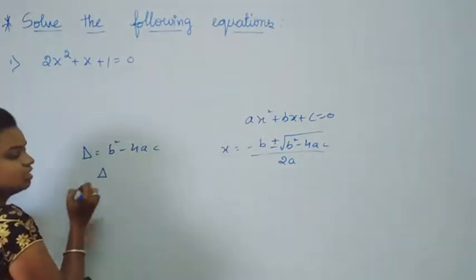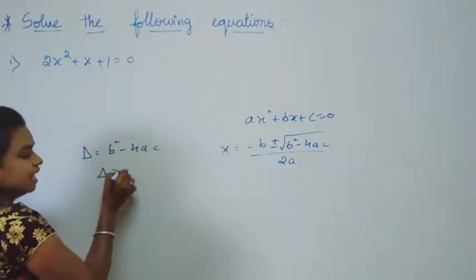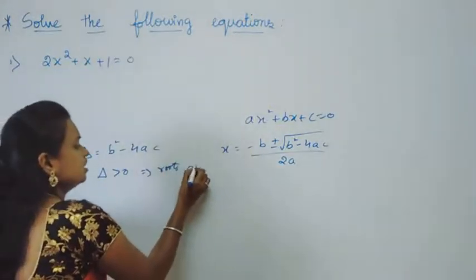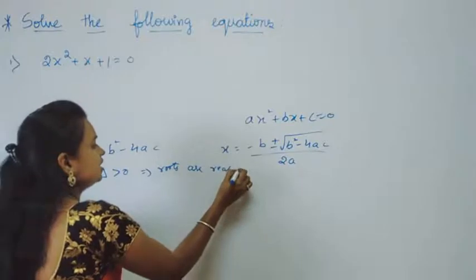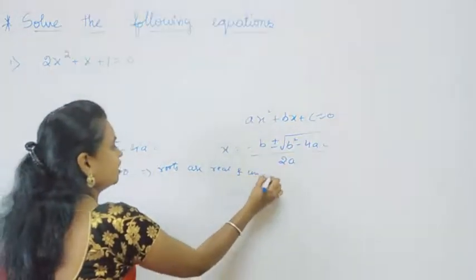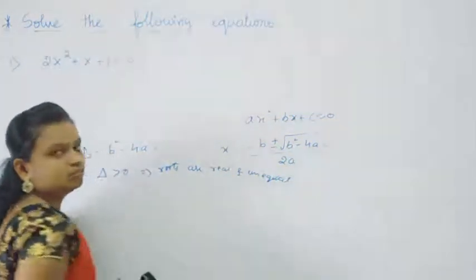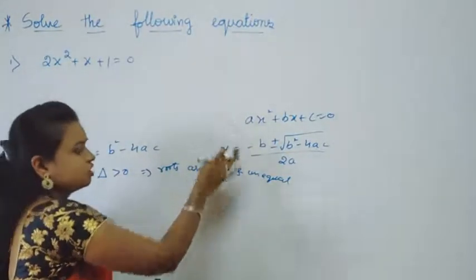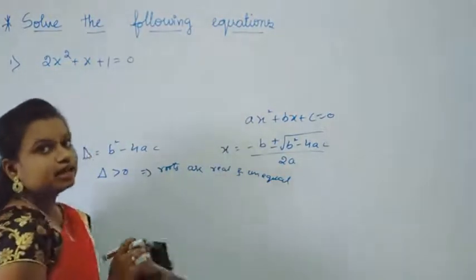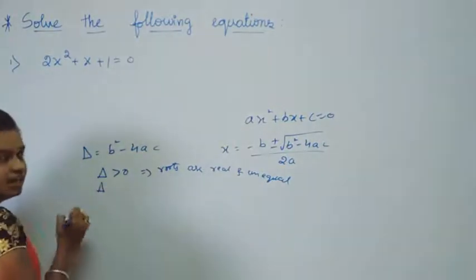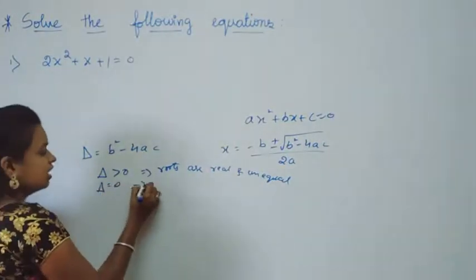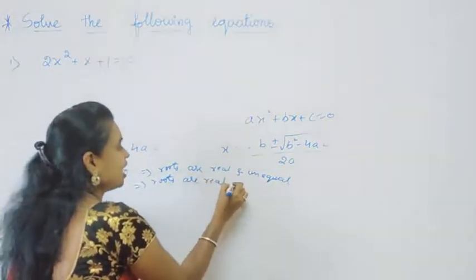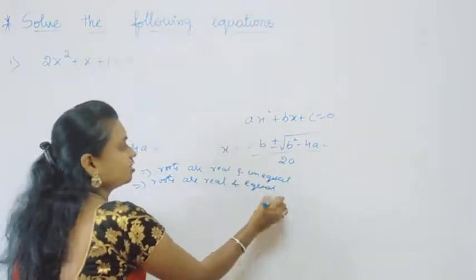If this discriminant, that is delta, is greater than 0, then the roots are real and unequal, right? If the discriminant is greater than 0, then the roots of the quadratic equations are real and they are unequal. If the discriminant is equal to 0, then the roots are real and equal, right?